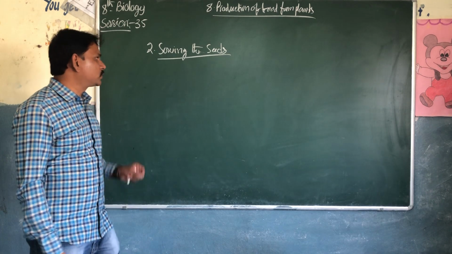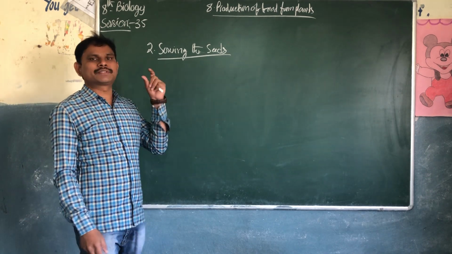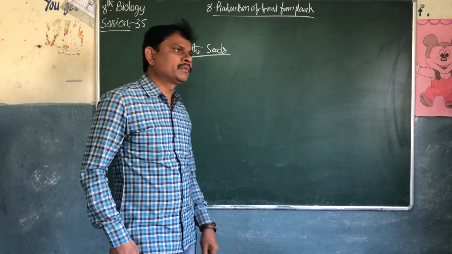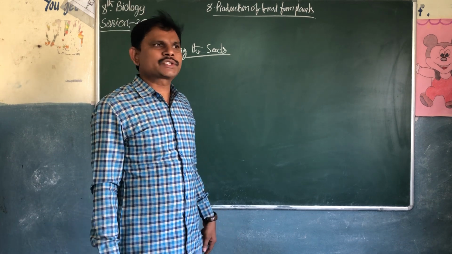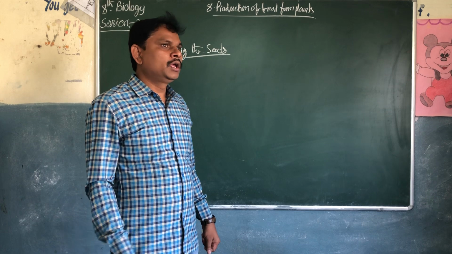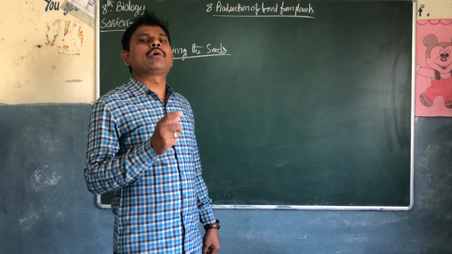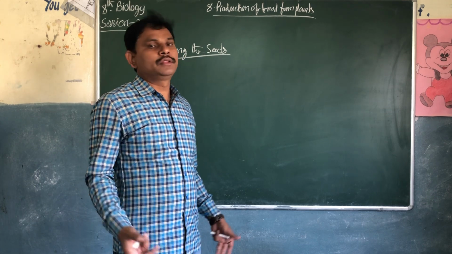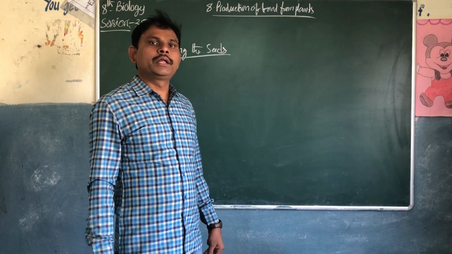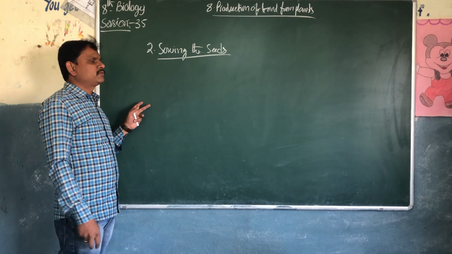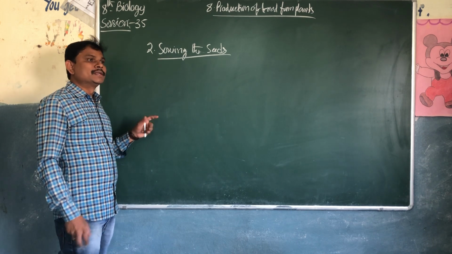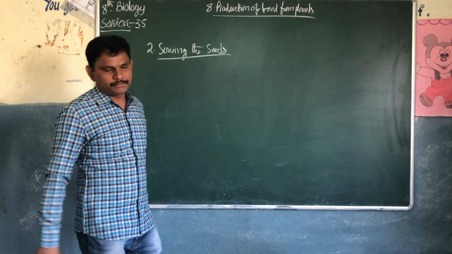Selecting quality seeds is very important. If you sow low quality seeds, you will get less production. If you sow good quality seeds, you will get good quality production. That's why the selection of seeds is very important.